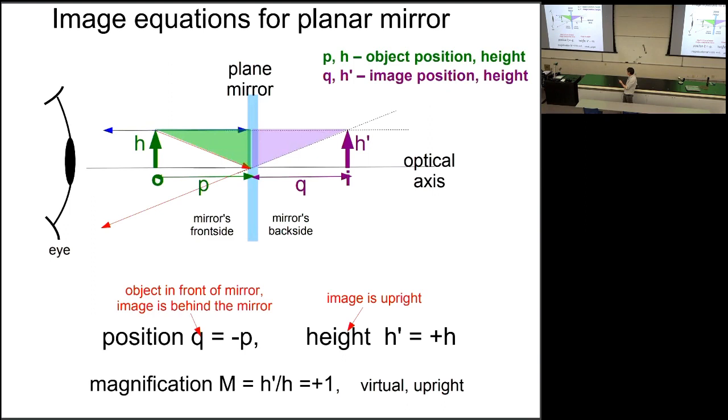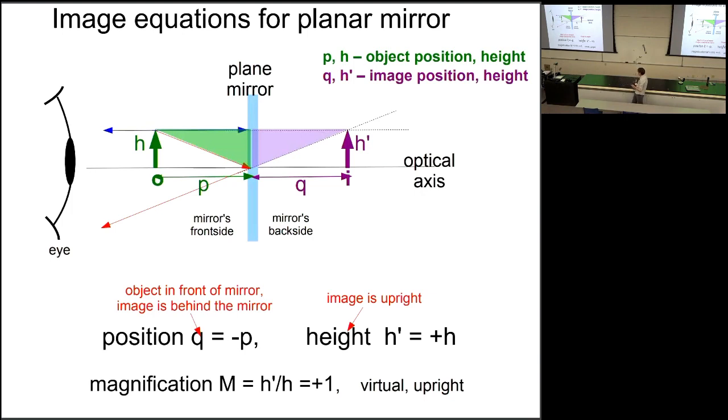So a position in front of the mirror is a positive number. The positions behind the mirror, to denote that it's behind the mirror, we give a negative sign. So q equals minus p in this depiction here. Because the object was in front of the mirror, the image is behind the mirror. So they have opposite signs of their positions. Their distances are the same, but the signs are opposite one another.